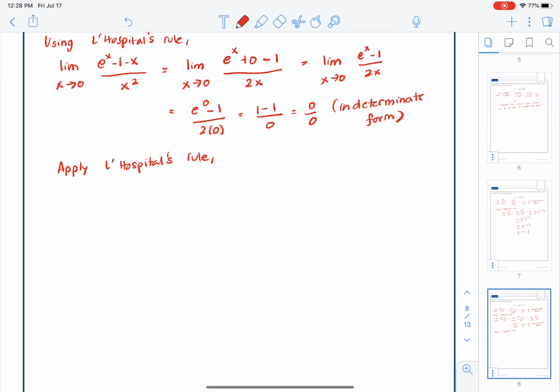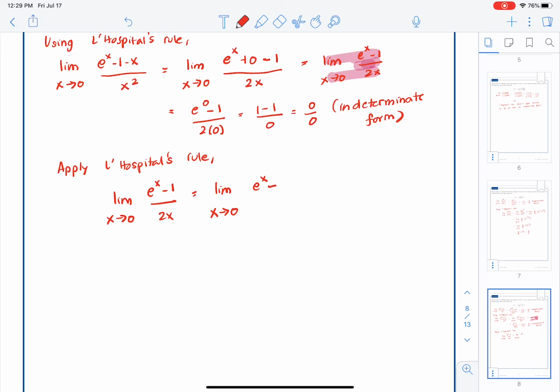So the next step is the limit as x approaches 0 of e raised to x minus 1 over 2x. That's where we ended up the first time we applied L'Hopital's rule. So we take the derivative again. Derivative of e raised to x is e raised to x.